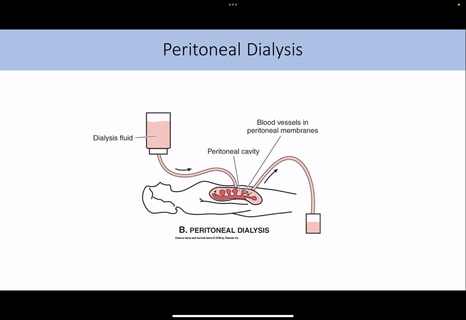You'll have a port that you put it through, and your organs are going to swim in this buffer, which allows the waste products to diffuse out into that fluid. Then you drain it in the morning, and now your blood and organs are more leveled out than before. It could be every night, depending on how bad your renal failure is.